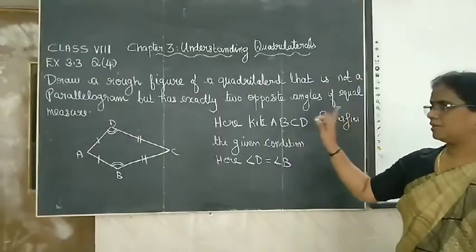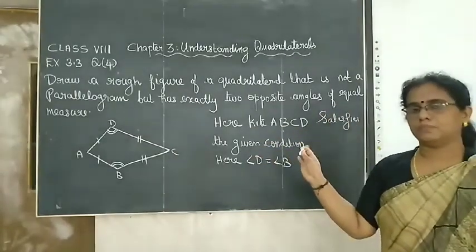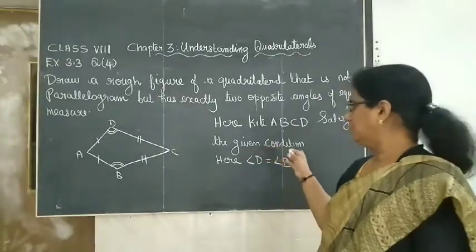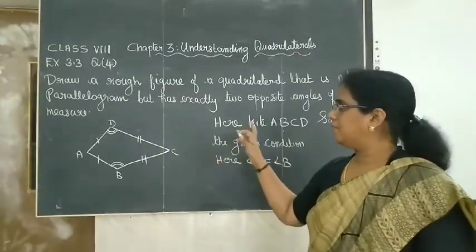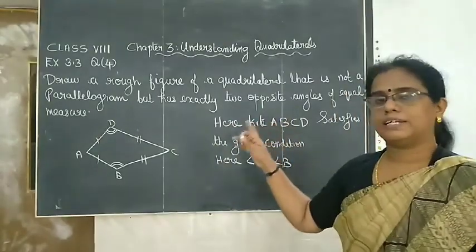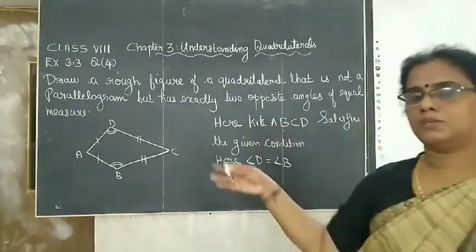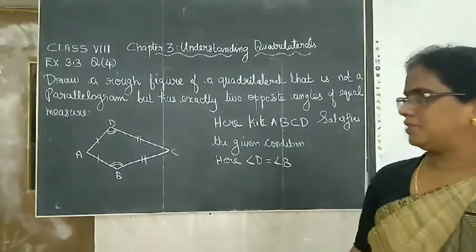Draw a rough figure of a quadrilateral. Quadrilateral is drawn. Quadrilateral means four-sided polygon. Now, this is also satisfied. One pair of opposite angles are equal, angle B equal to angle D. When you draw the kite, all the conditions will be satisfied.